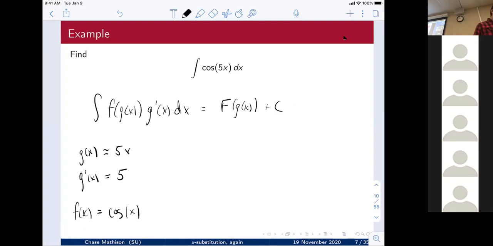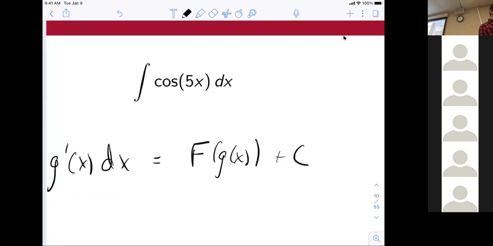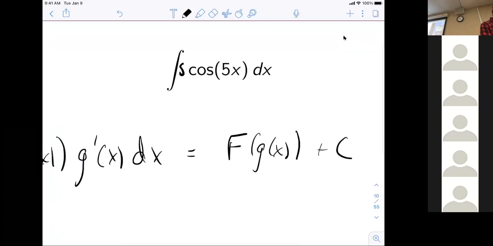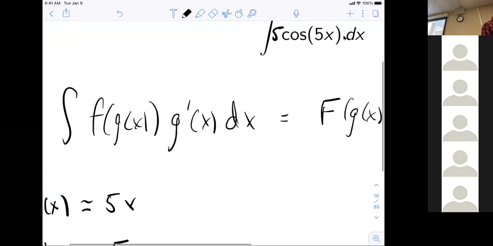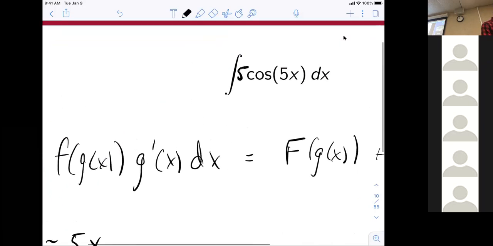Okay. So if this matched the pattern perfectly, instead of just the integral of cosine of 5x, we would have this g prime in here. We would have 5 times the integral of cosine of 5x, right? But we don't. But if I multiply by 5 and then divide by 5, then we have exactly what we want.